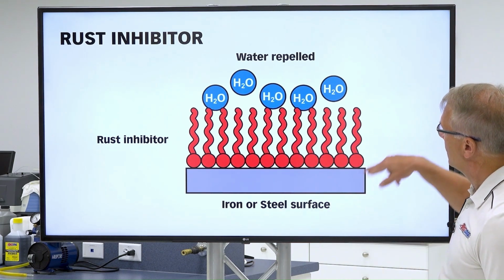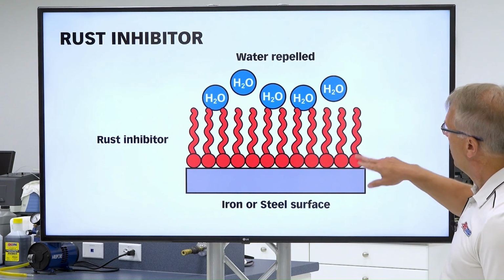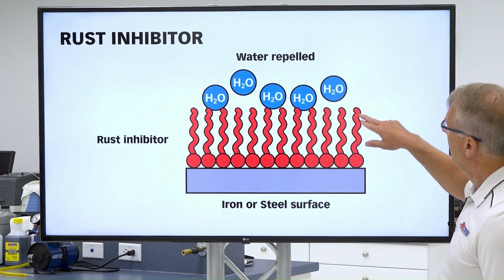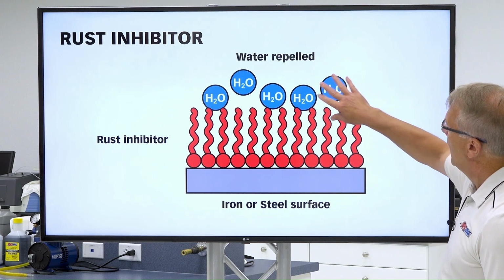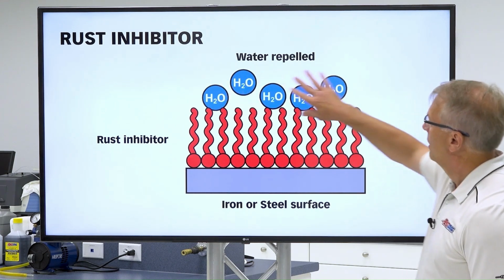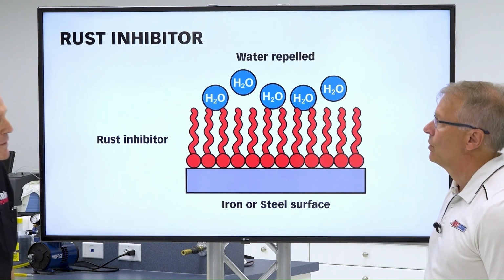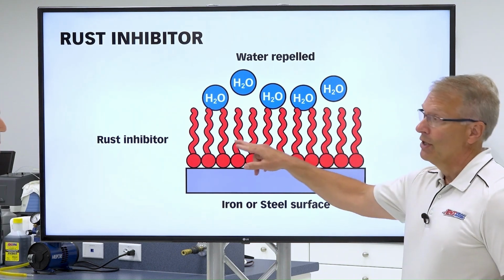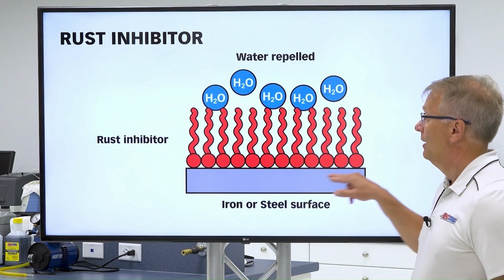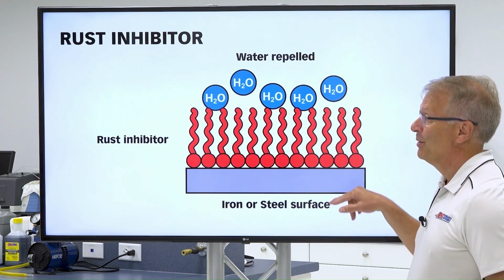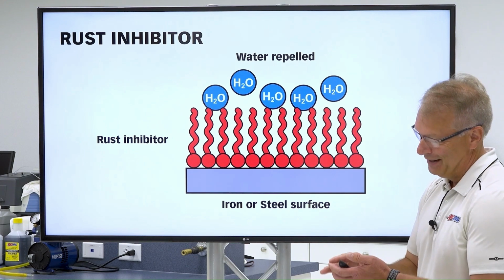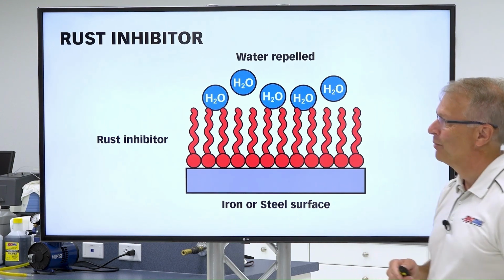So this again is the same type of molecule, polar head attaching to the surface, and then the tail sticking out here actually repels the water from coming in and attacking that surface. So again, there's a lot of surface chemistry going on here. Don't be an amateur chemist. Let us do that work, and we'll keep your diesel vehicle running a lot longer.